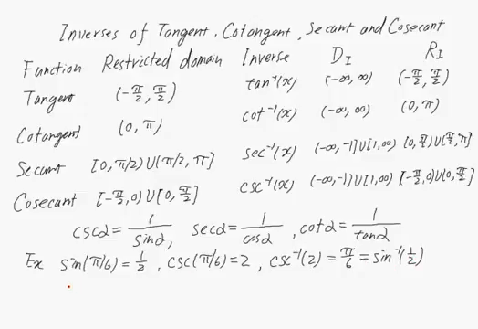So that means we have such a relationship between the inverse of the sine and the cosecant. You have the inverse cosecant of 2 equal to inverse sine of 1/2.